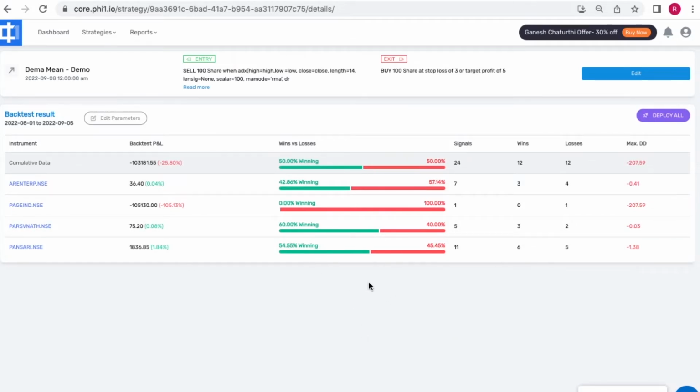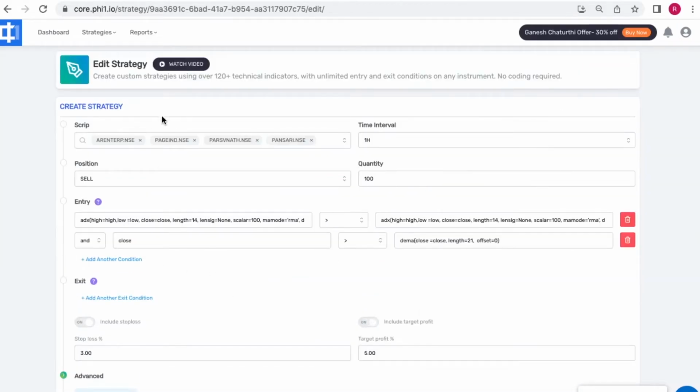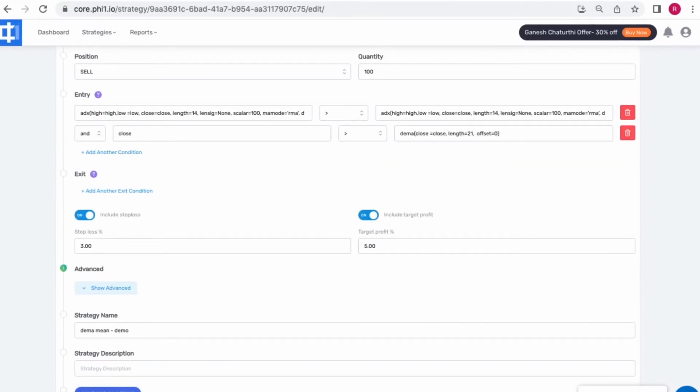Alright, if you're not happy with your backtest results, you can always go back and change a few parameters. Looks like Page is not really a good candidate for this strategy, so I'm going to remove this in the strategy editor and once again click on Save and Backtest.